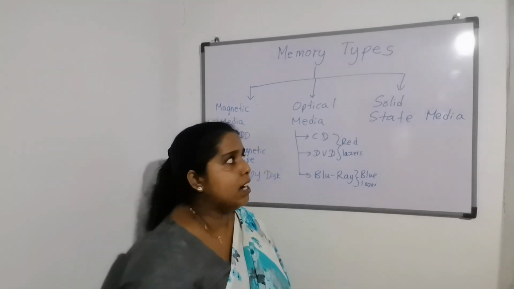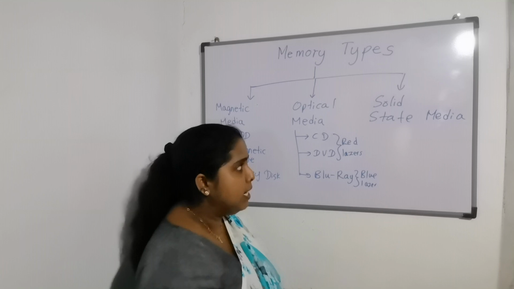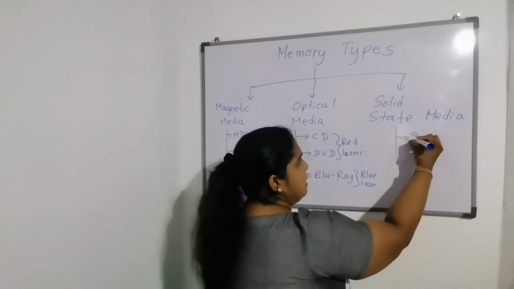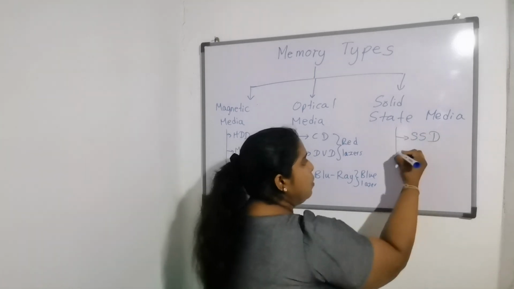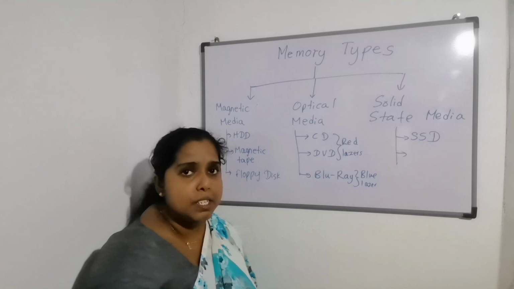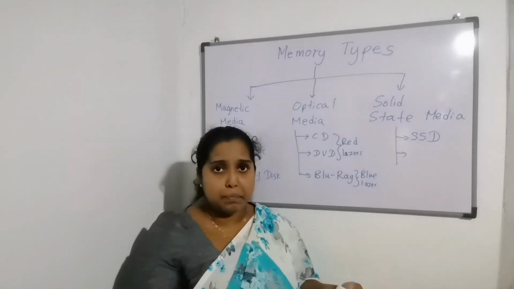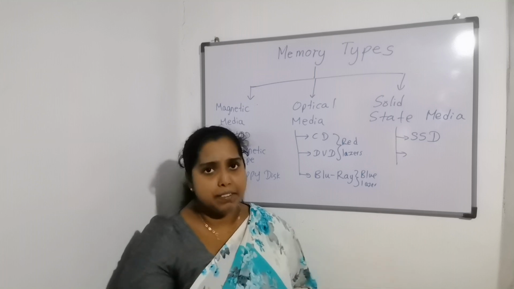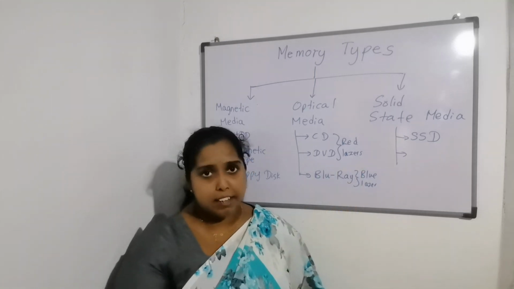Solid state media, there are a lot of different types available. One of the major solid state media types is SSD, and that is the most popular solid state media right now. It is used for the smaller laptops, inside phones, tabs and all the mobile devices; we use solid state drives.